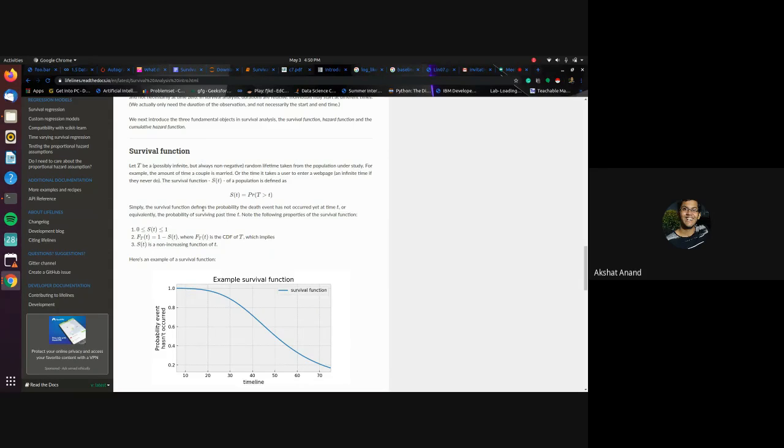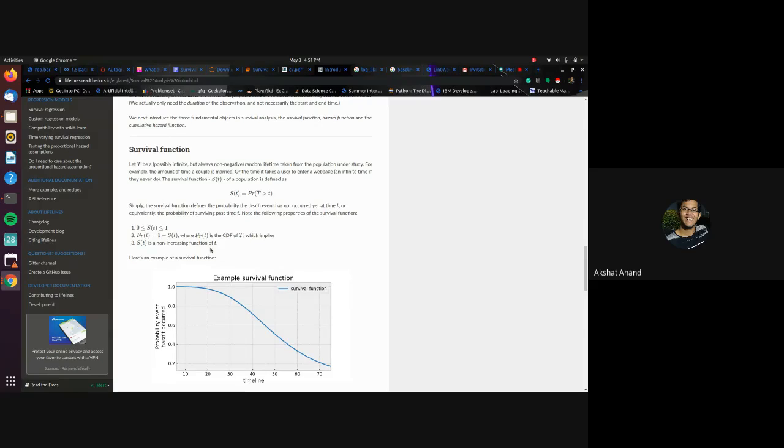The survival function generally defines the probability that the death event has not occurred at time t, or equivalently the probability of surviving past time t. Small t is a given time, and capital T is a random time.